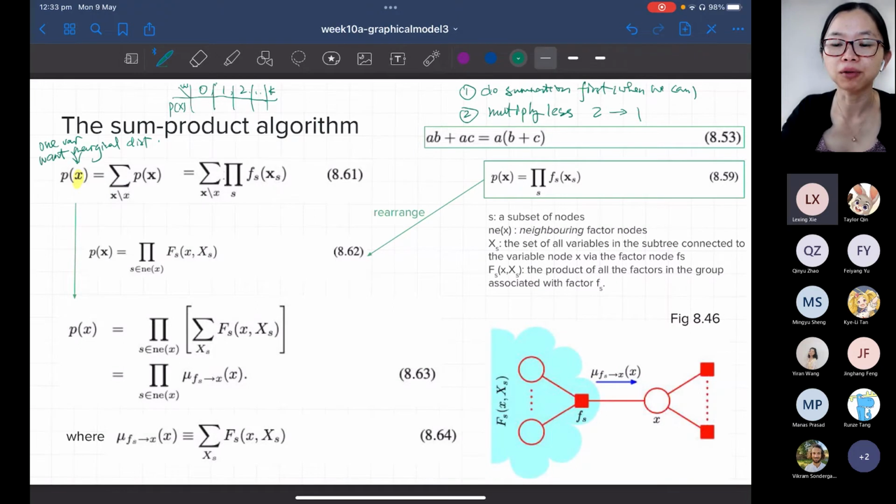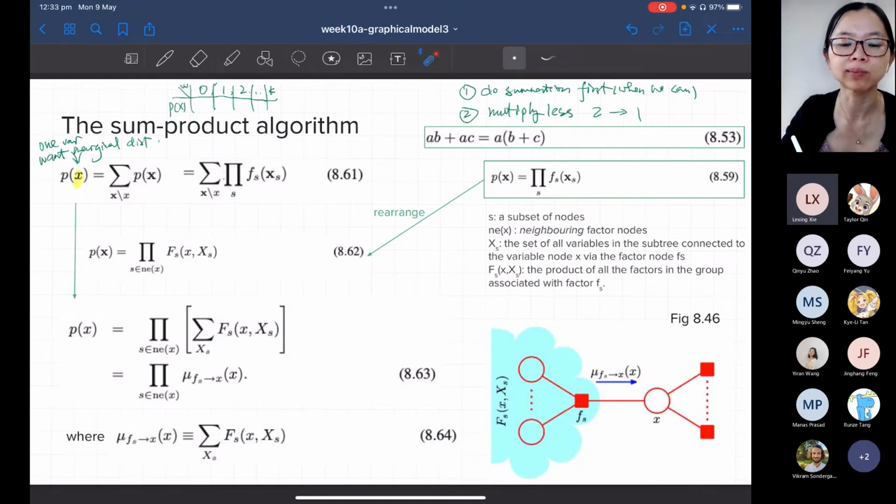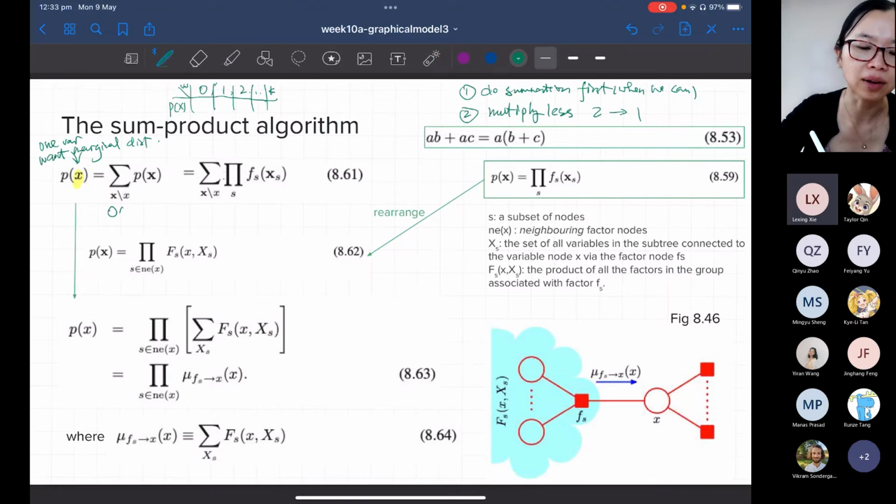In the fully general form, we can simply say we take the joint p of all the variables, x bold, and then we sum over all the other variables except this variable we care about, little x. And this is obviously order of k to the n minus 1.